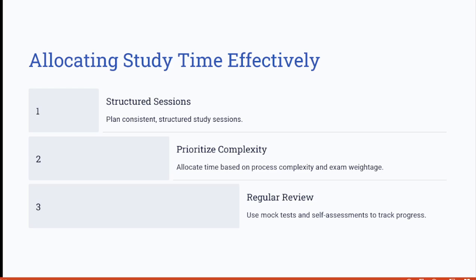Rather than attempting to cover all of the processes in a short amount of time, you should focus on a structured study plan that breaks down each process group and knowledge area systematically. Allocating study time based on complexity and exam weightage is crucial. Areas like integration, scope, and risk management require more focus due to their significance in project management and frequent appearance in the exam scenarios.